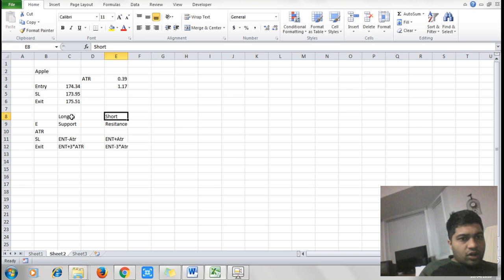Because in short trade you make money if stock goes down, in long trade you make money if stock goes up. So based on this, we enter on support, we enter on resistance. Stop loss is entry point minus ATR, stop loss is entry point plus ATR. Exit is entry point plus 3 times ATR, exit is entry point minus 3 times ATR.